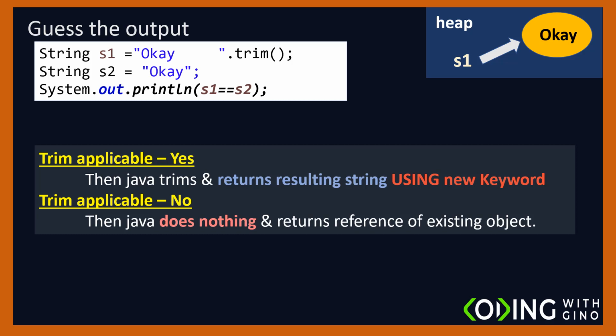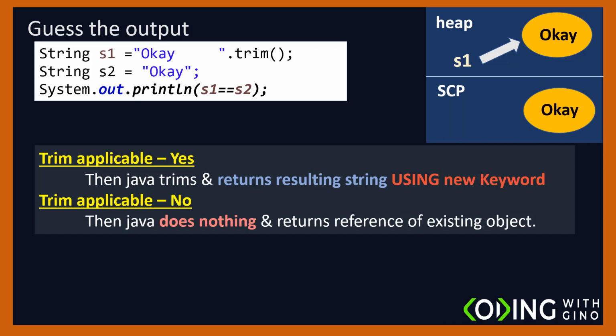Also, don't forget, every time a string is created using new keyword, that string is available in heap as well as in SCP pool. Remember? So, this object also gets created in SCP, but nothing is pointing to it yet. Now, S2 is created without the new keyword.